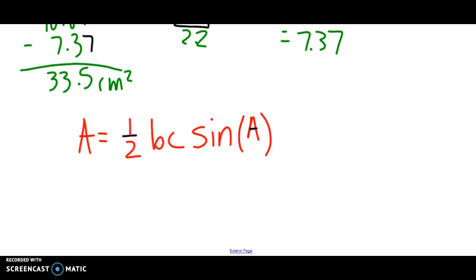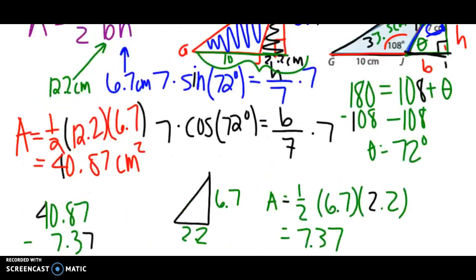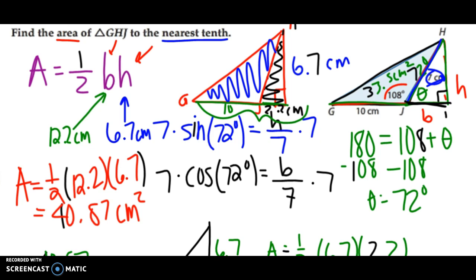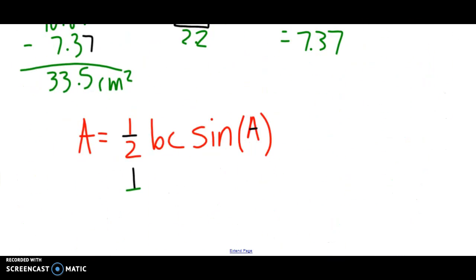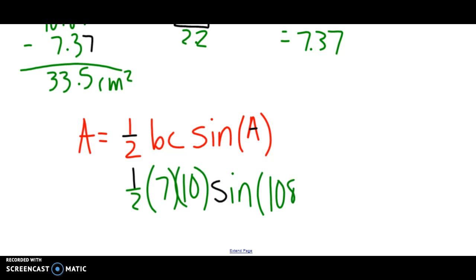So if we do that for our example, we can use this to check what we just got. We can see that one of our legs was 10 centimeters, another leg was 7 centimeters, and the angle between them was 108. So 1/2, one of the legs was 7 centimeters, the other one was 10 centimeters, and then sine of 108 degrees in between them.